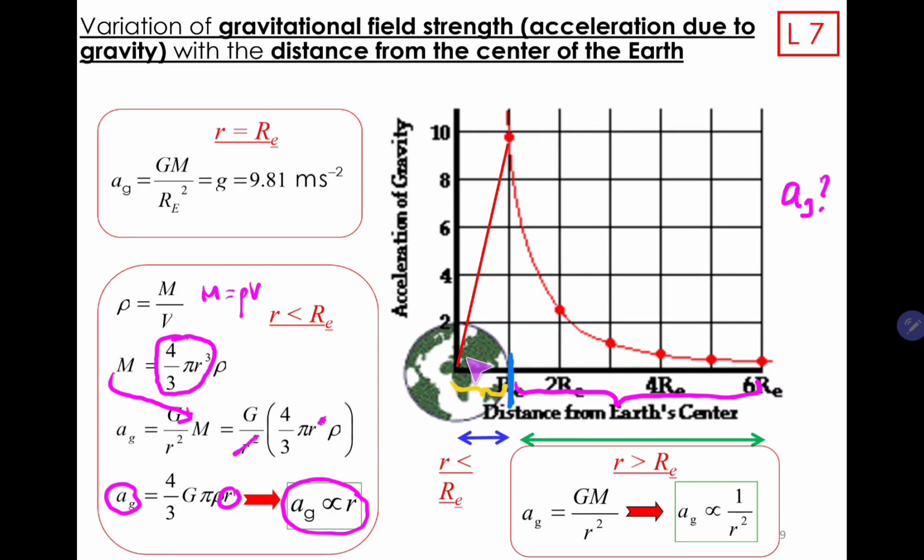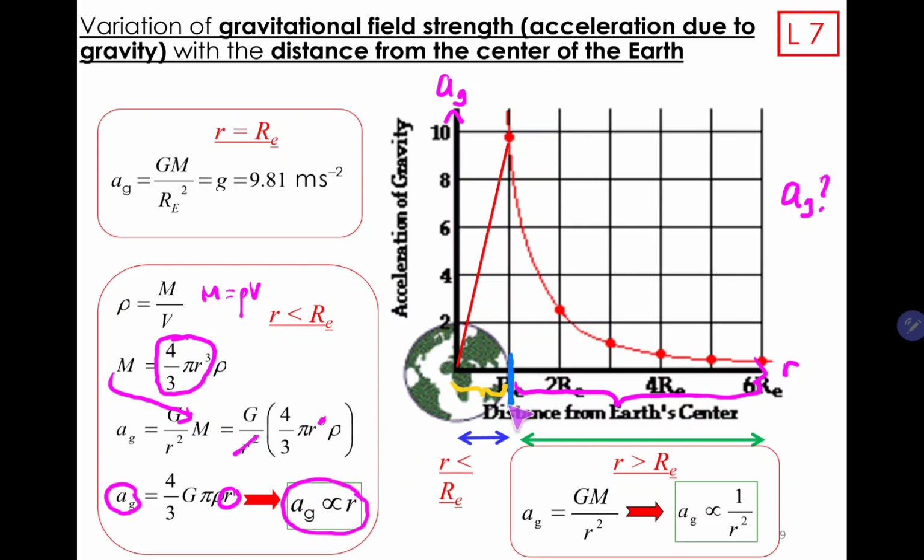That is why the graph is linear here, just a straight line graph, because Ag and r are directly proportional. So this is the graph of Ag against r. Below the Earth's surface, Ag and r are directly proportional.